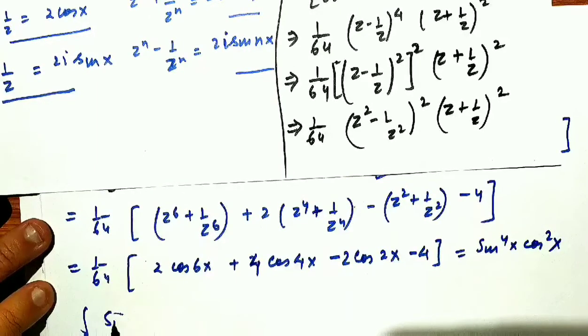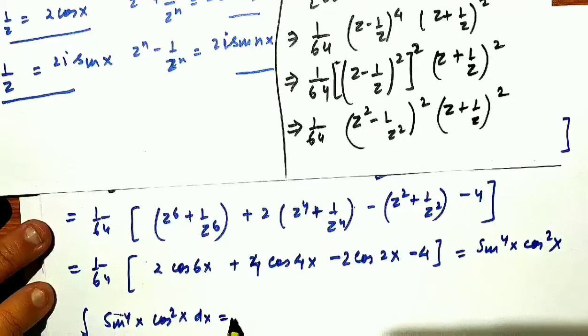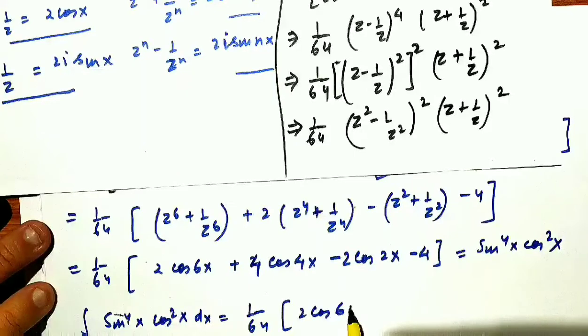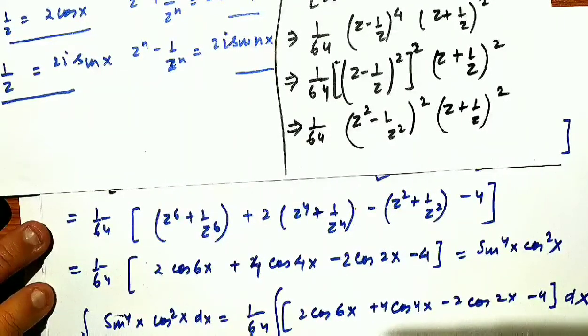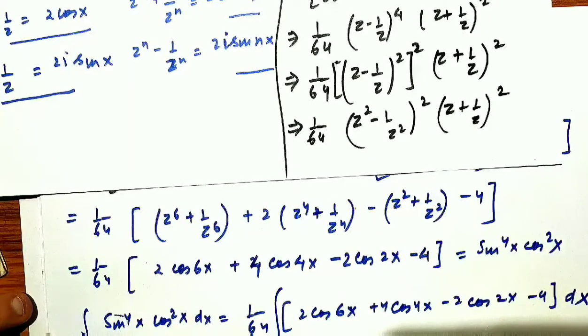Therefore the integral of sin to the power 4 x cos square x dx equals 1 by 64 times the integral of 2 cos 6x plus 4 cos 4x minus 2 cos 2x minus 4 dx. Okay, now just try to integrate.